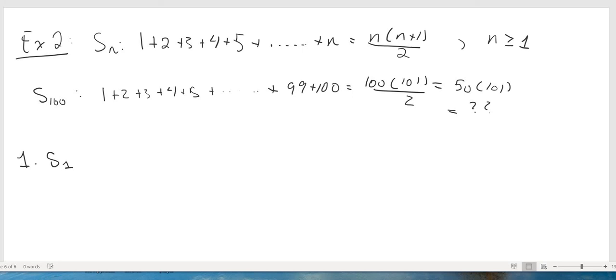S1. Okay? So S1 means you plug in a 1. So in this case, that means you're adding the first number. Well, that means 1 by itself. You're adding just one number. And that's supposed to be equal to, on this side, if you plug in a 1, what do we get?